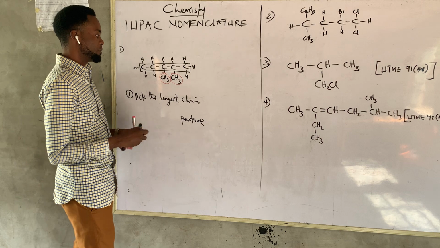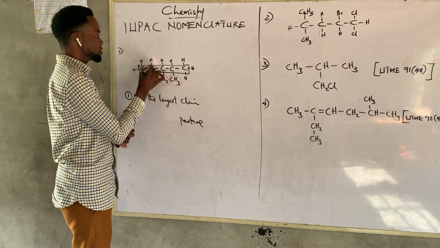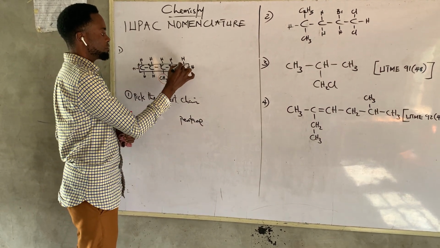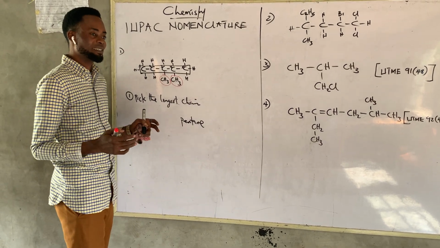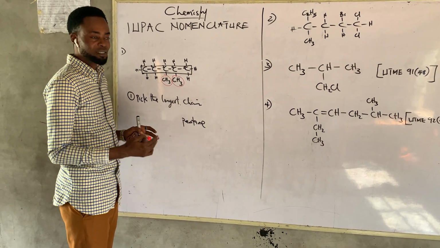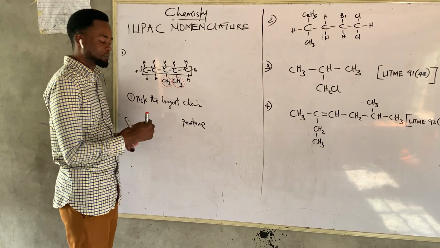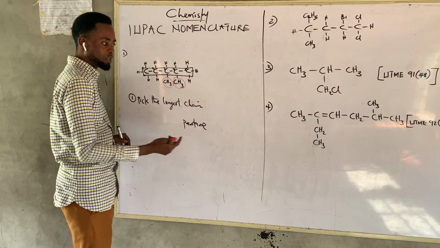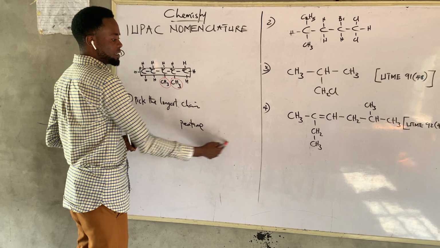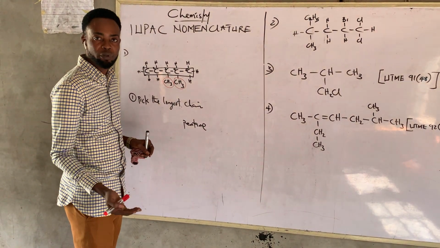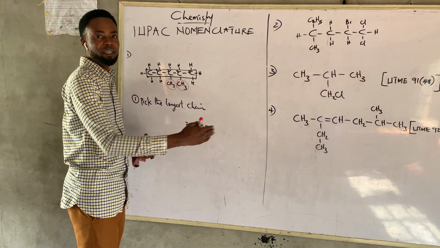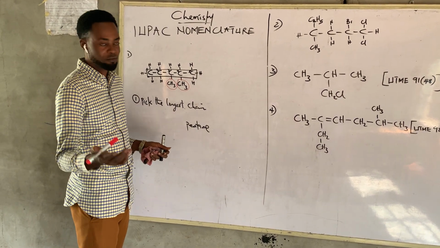I can number from here 1, 2, 3, 4, 5. Or I can start from the other end. It's like the end of 2 streets: you can start numbering from the beginning here, or you can start numbering from here. But what determines where to start is the one that is closest to the bus stop, so to say. I'm just giving you an example.